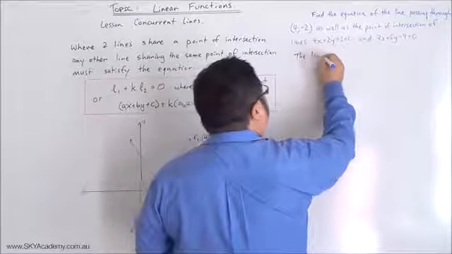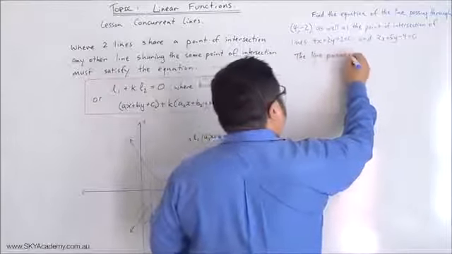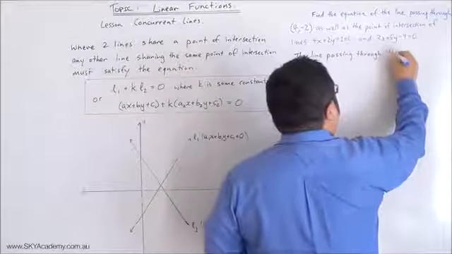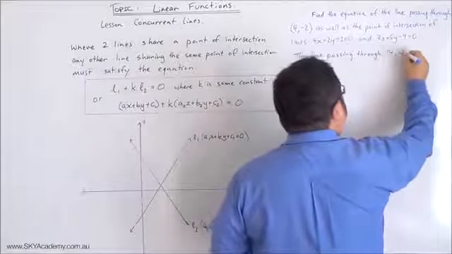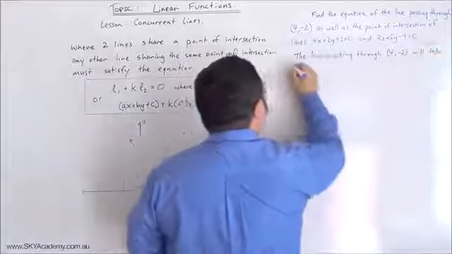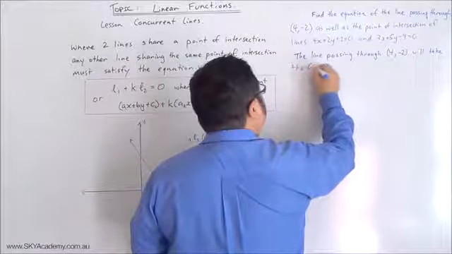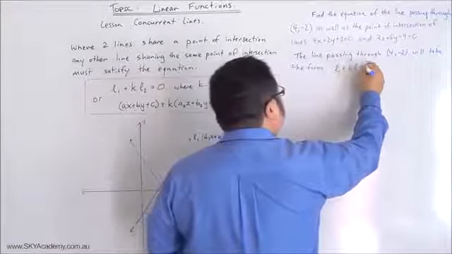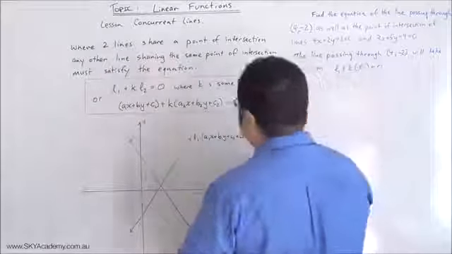So the line passing through (4, -2) will take the form L1 plus kL2 equals 0.